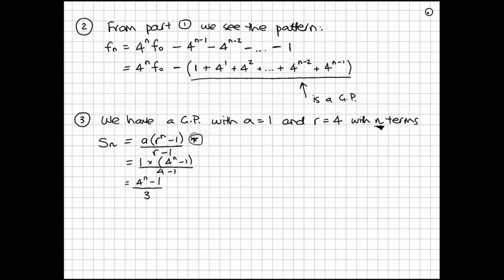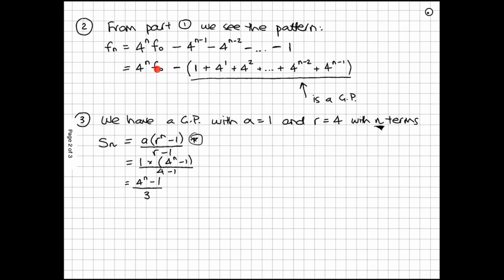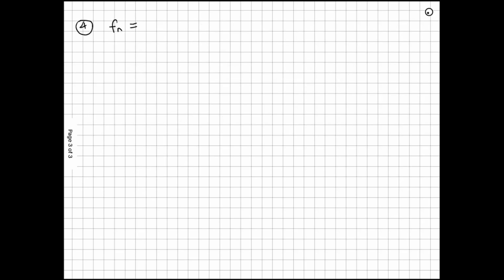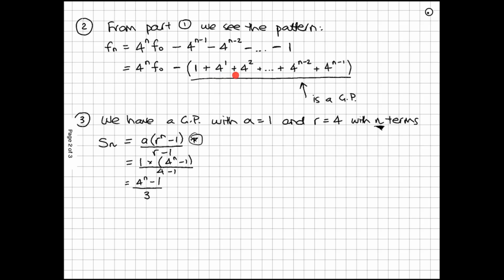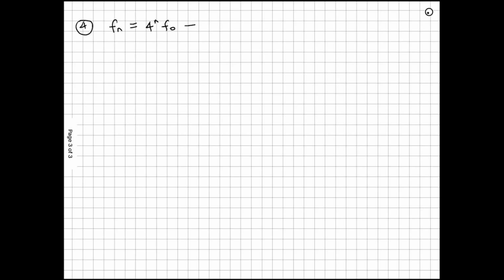So I'll turn over, and for this part 4 we know that f of n will be equal to, firstly, 4 to the power of n times f0 minus, and then instead of writing out this whole sequence, we can now just write out its sum, which is 4 to the n minus 1 on 3. So that'll be minus 4 to the n minus 1 all divided by 3.